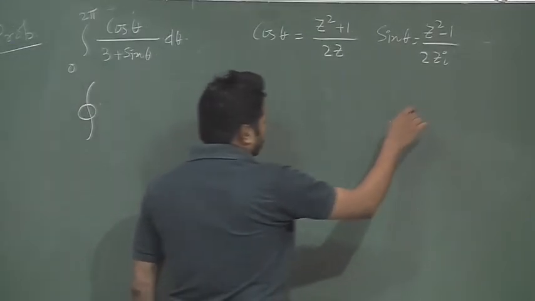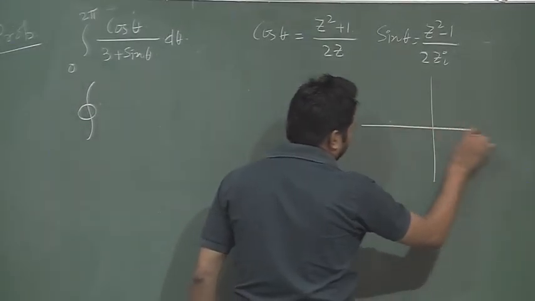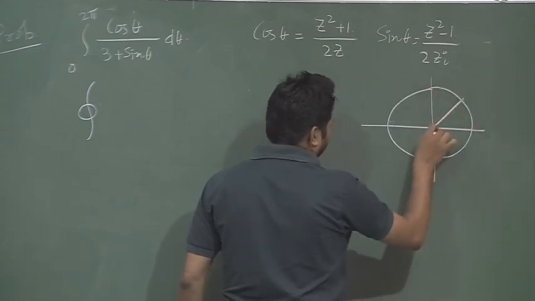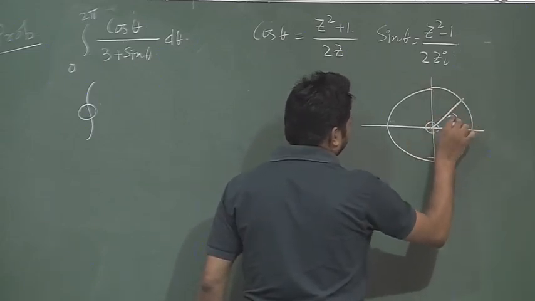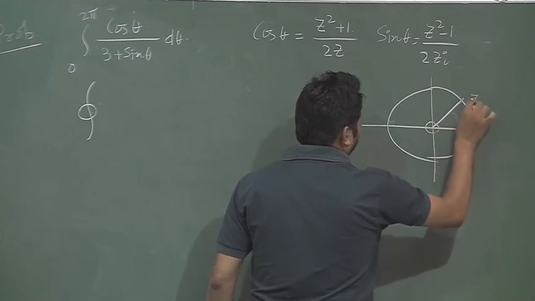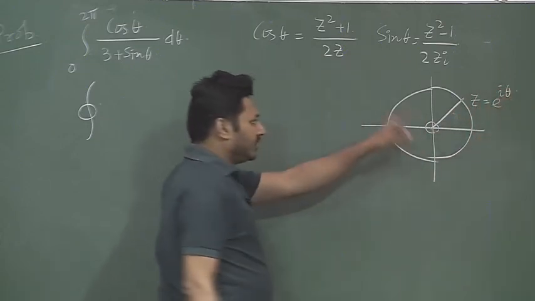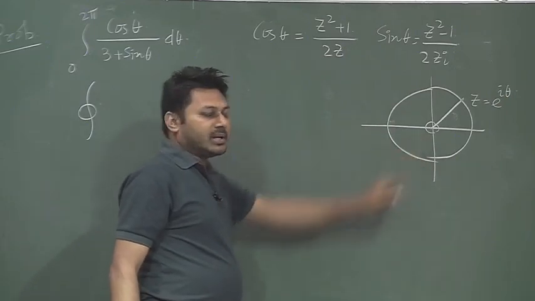And my contour is the standard contour I always use for this problem. As I mentioned, this is the unit circle, this is z equal to 0. So, z is e to the power i theta, theta is changing from 0 to 2 pi, and this is the contour I am going to use.